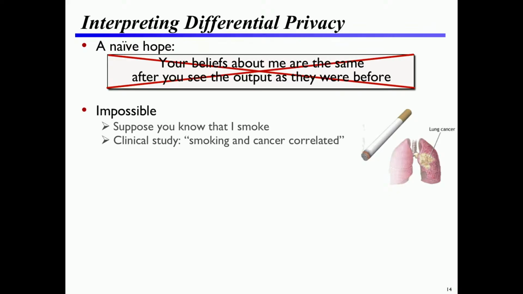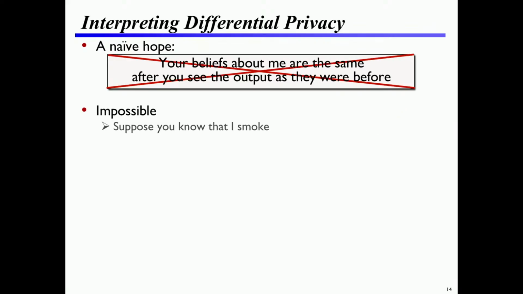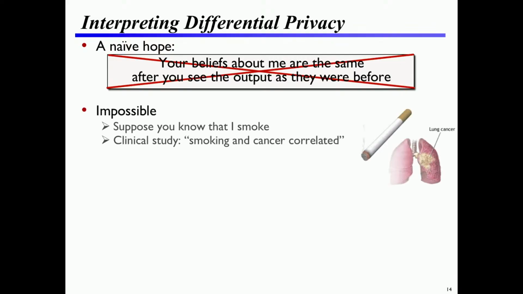Suppose that you know that I smoke, okay? You know this a priori because you walked out of the Simons Institute and you saw me out there on the sidewalk with a cigarette in my hand. Then you see a clinical study that tells you that smoking and cancer are correlated.